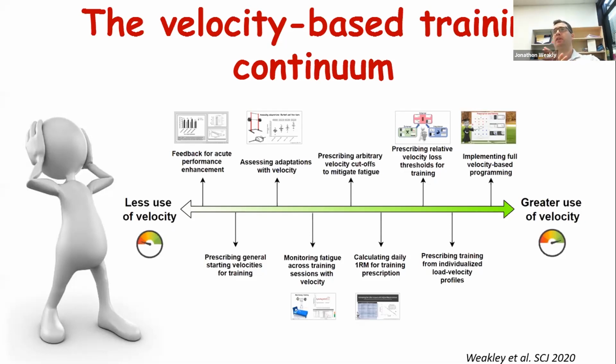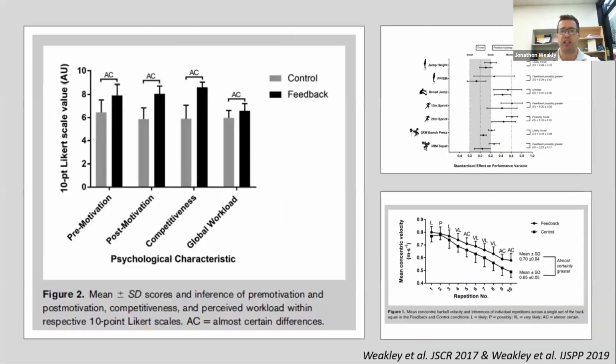Feedback is almost the basics of being a coach. And we know that if you provide just basic velocity feedback, you can enhance motivation and competitiveness. We also know that we can improve the training outputs from an acute standpoint. If we provide the athletes feedback, their training quality is better.